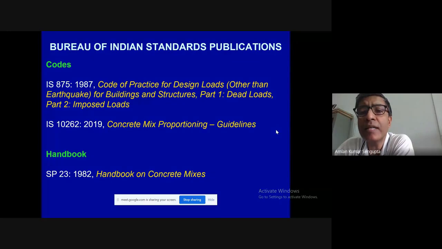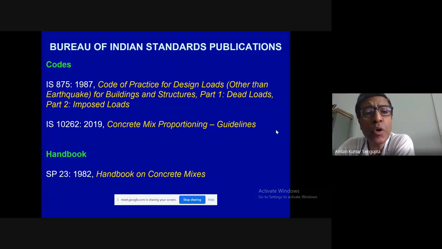Hence, we need to consider its weight in our calculations. Now, over the members, we can be placing some additional load, maybe some tiles, maybe some walls, partition walls, and those loads are considered to be permanent, and hence they will be treated as dead loads.